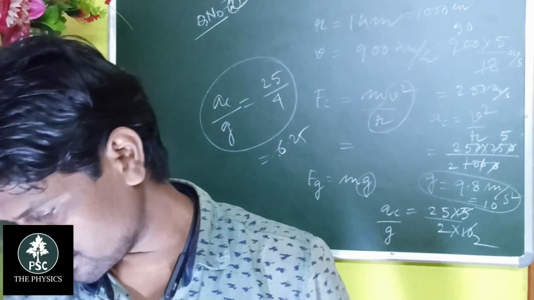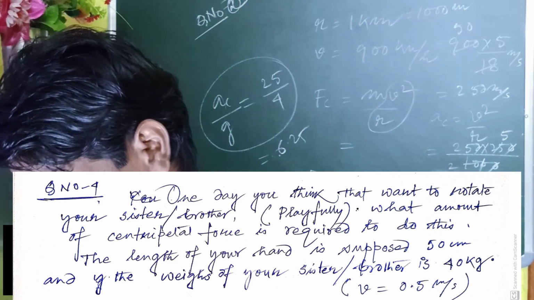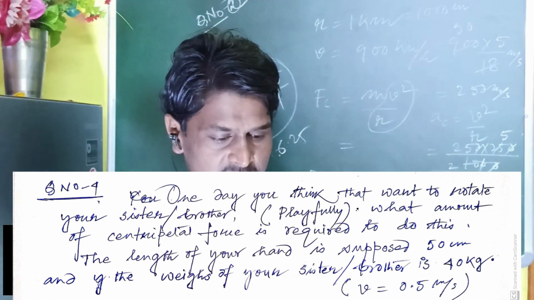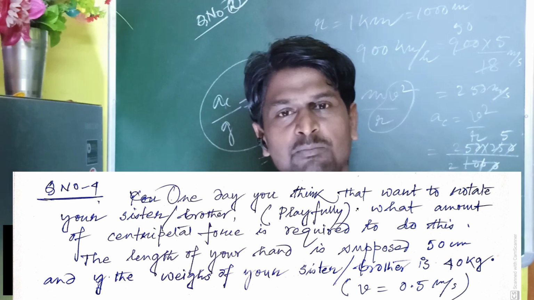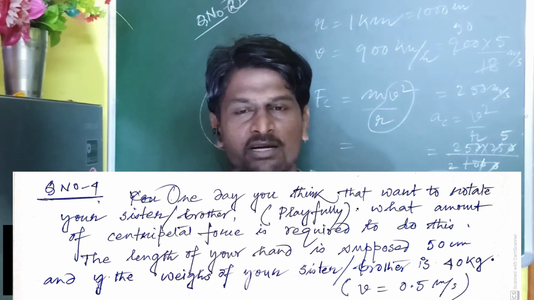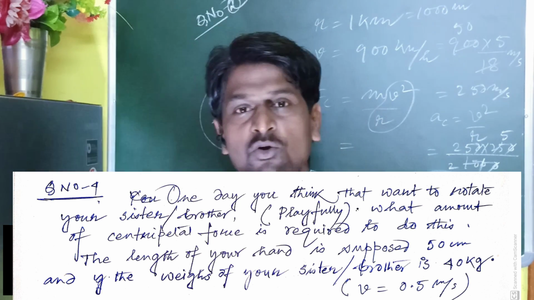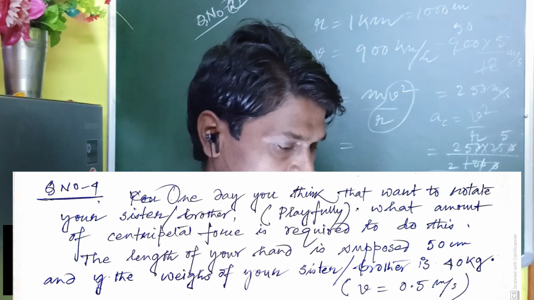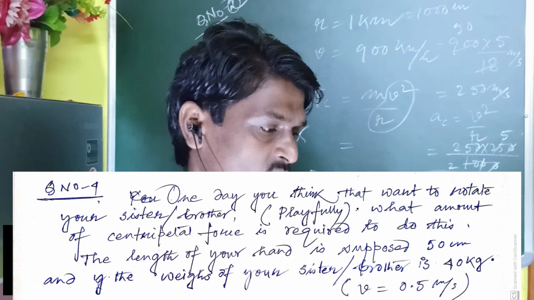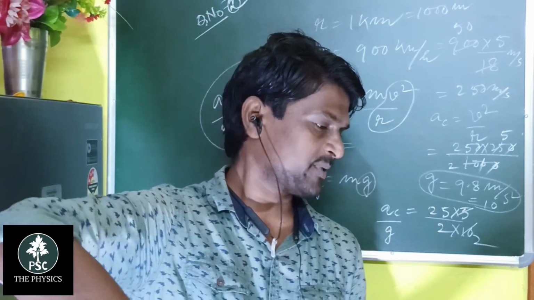But the next one, question number 4, is more interesting. One day you think that you want to rotate your brother or sister playfully, within a ground or within your room, within your veranda, and you want to rotate with your sister with your hand, with your muscle power, with a speed given.